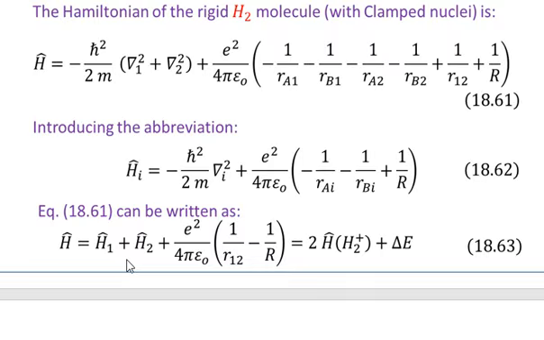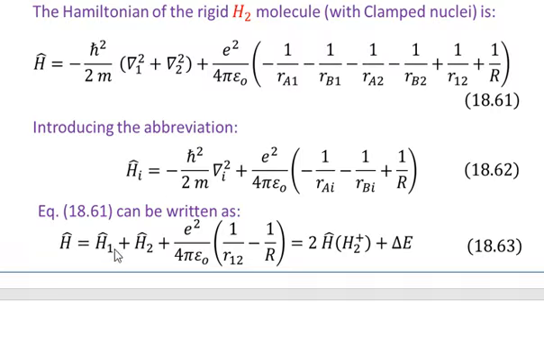These are just labels that I have given. And you see that the Hamiltonian operator defined in equation 18.62 is actually the Hamiltonian operator of the singly ionized hydrogen molecule. So each of the H_1 and H_2 Hamiltonian operators, as defined in equation 18.62, represents the Hamiltonian operator of the singly ionized hydrogen molecule.